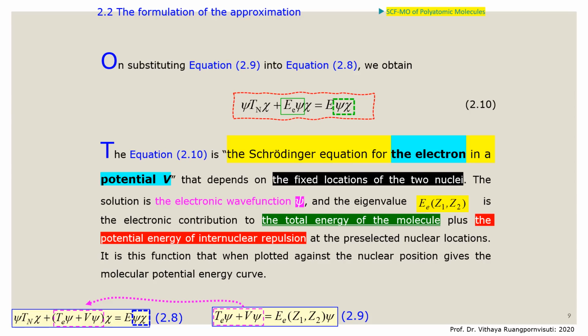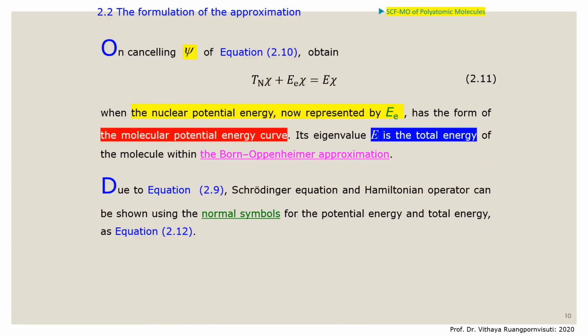It is this function that, when plotted against the nuclear position, gives the molecular potential energy curve. From equation 2.10, if we cancel the electronic wave function, then we get equation 2.11.